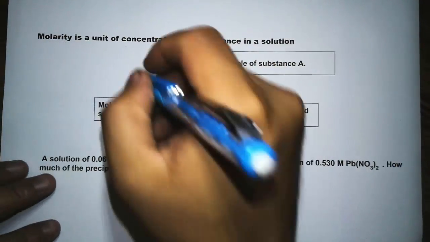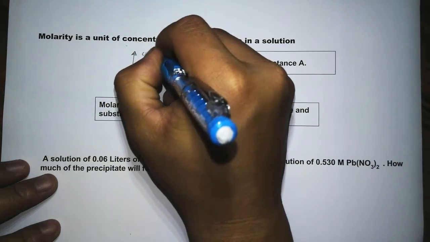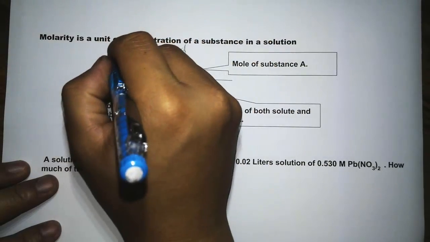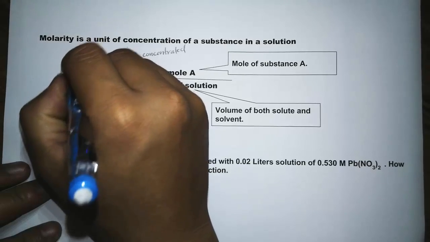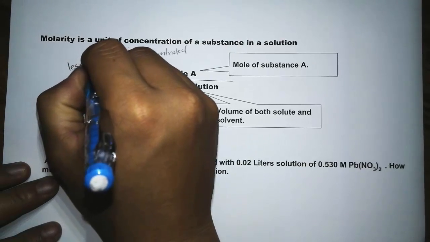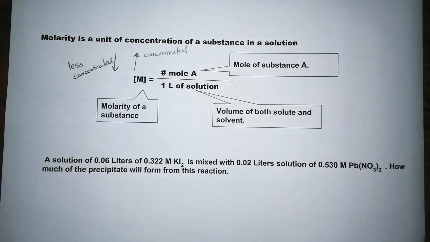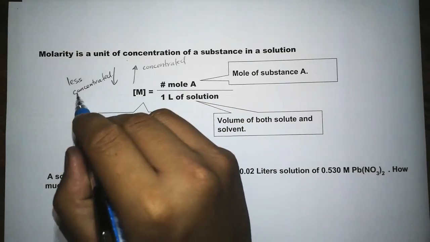And that is, when the molarity is high, you have a concentrated solution. When the molarity is low, you will have a less concentrated solution.